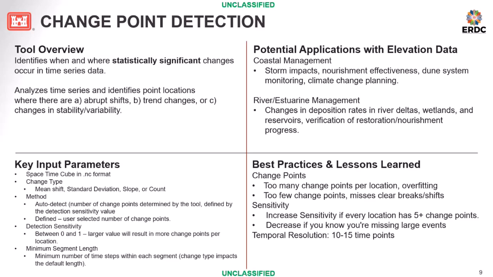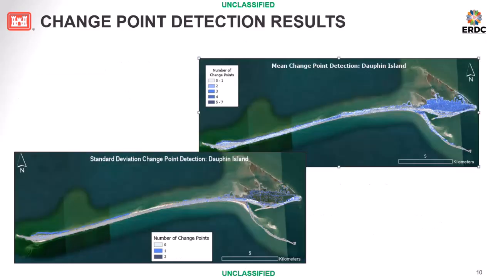The tool performs most reliably with the temporal resolution of 10 to 15 time steps. And you should always compare your runs between either the mean change type and the standard deviation change type in order to get a better or more complete picture of the changes detected. If you could, next slide, please, Scott.